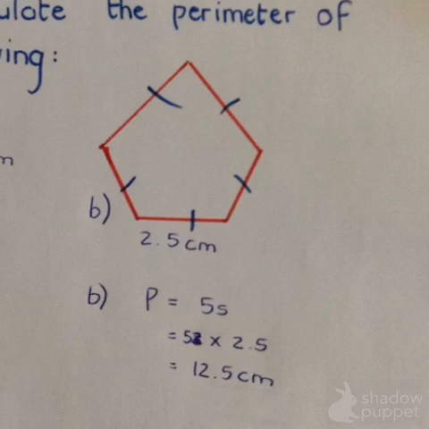So it means I'm going 5 times the sides. For this one, each is 2.5, so I would go 5 times 2.5, which gives me 12.5. So remember, if there's 4 sides, you would go 4S. It's not a specific shape that you know, so don't worry about the other ones, but you go P equals 5S, 4S, 3S, or whatever it may be.